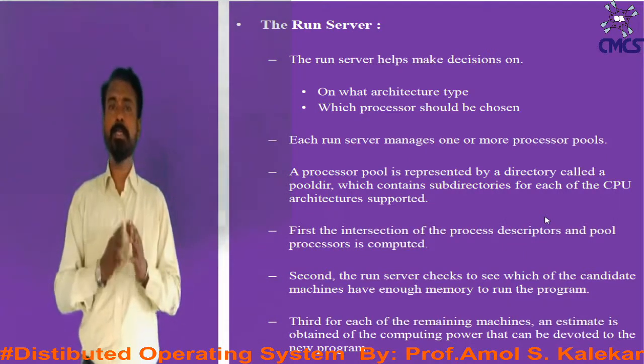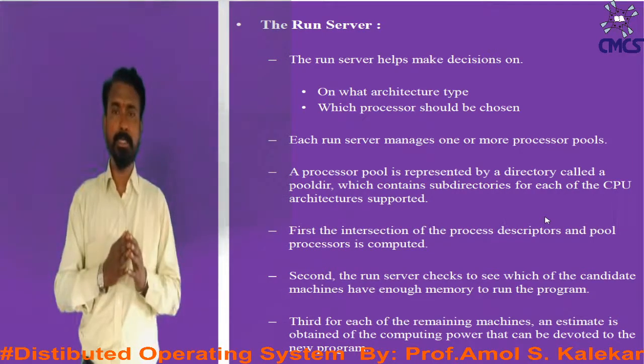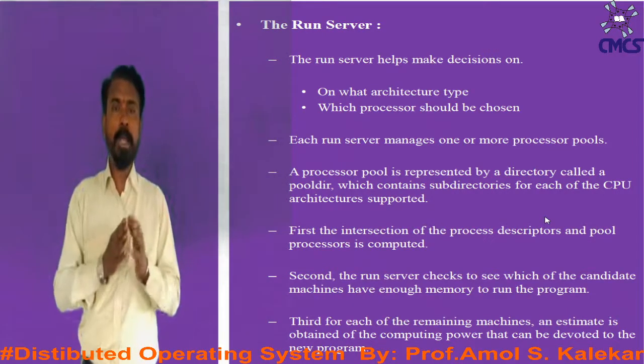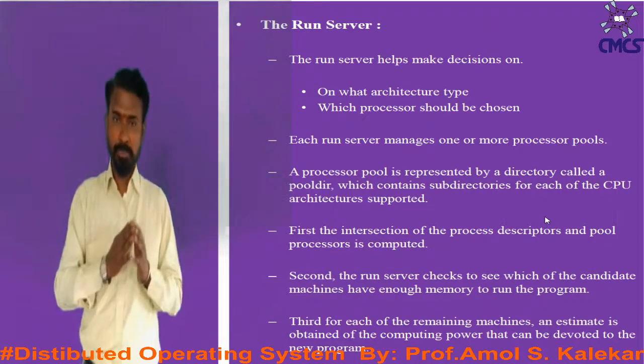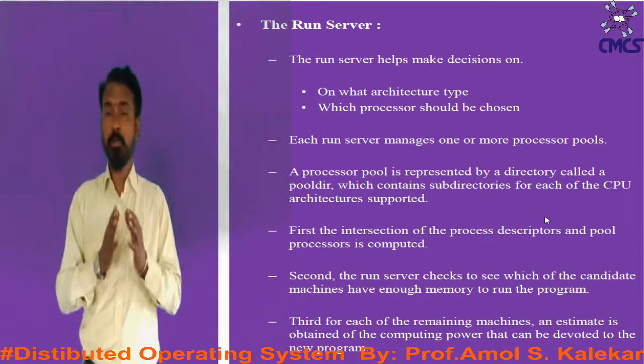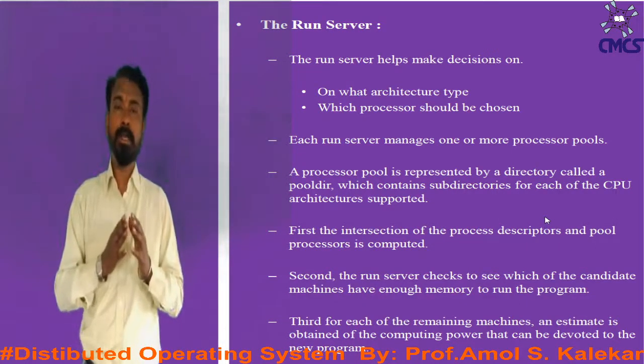The run server helps in making decisions on what architecture type and which processor should be chosen. Means these are two kinds of decisions that are made with the help of the run server.